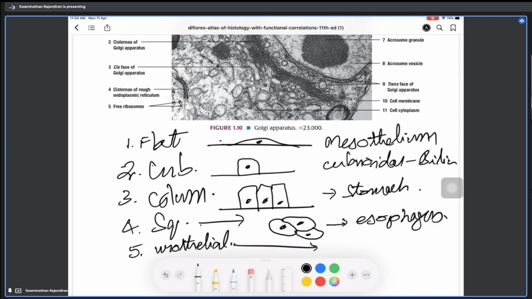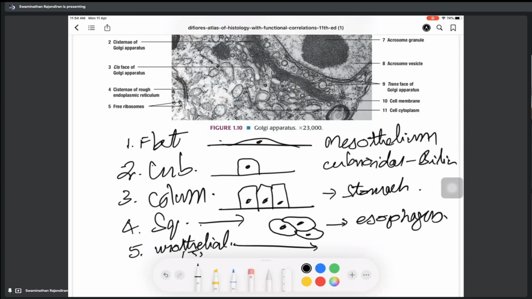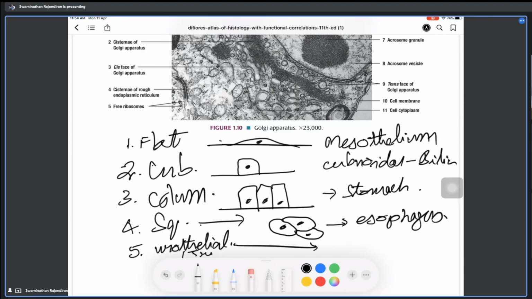Urothelium. Previously, what is the old name? Any one of you, can you tell the old name? It's called transitional epithelium. Super. Transitional. Don't mind the spelling mistakes. Why is it now urothelial? Why was it called transitional? Because the cell size and shape depend upon what is there in the bladder. If it is distended, if you have not urinated for 4 hours, it will be distended and every cell will be flat.